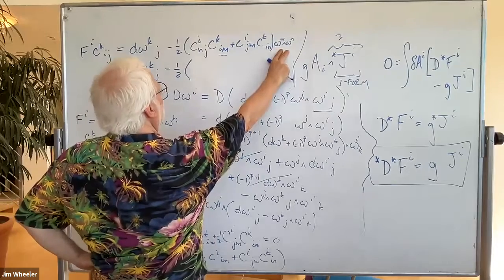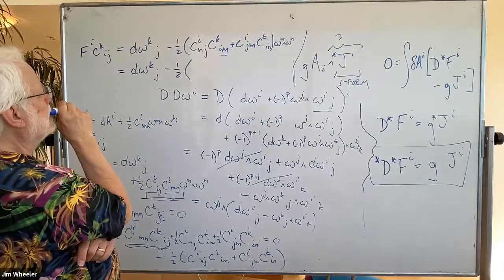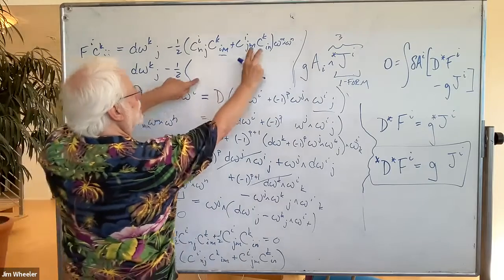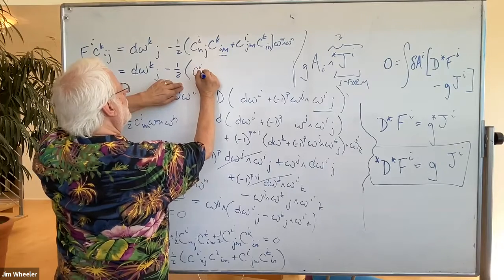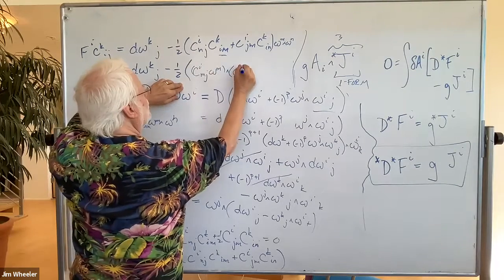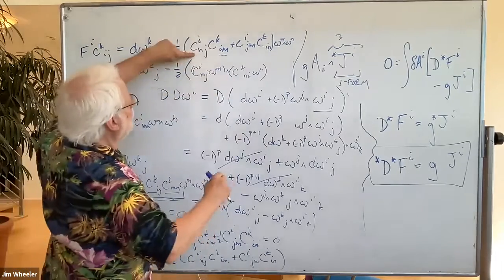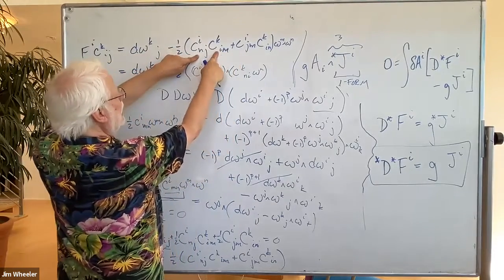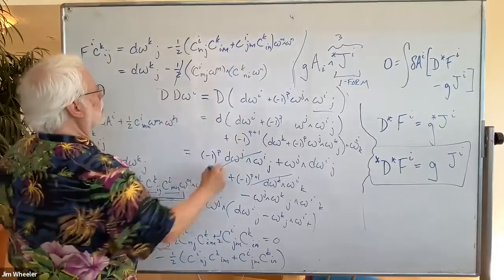And I've got M N first, so hang on, let's see. Oh, yeah, no sign there, one sign there. Yeah, this term, if I interchange both pairs, I get C I M J omega M wedge C K N I omega N with no change. On this first one, I need to interchange the M N, so I get a minus, but I only need to bring the M in the middle to have the same thing. So this term gives the same as that, and the 2 is gone.